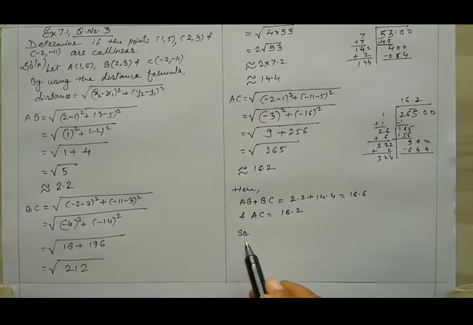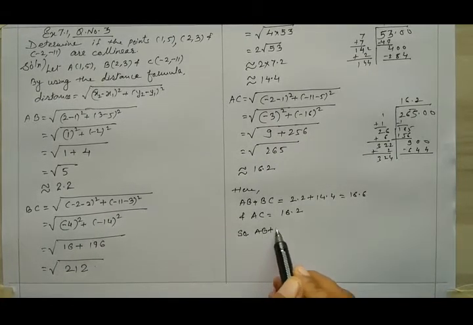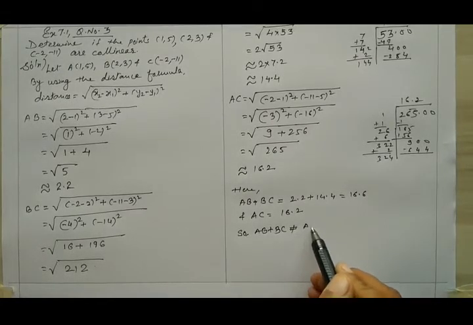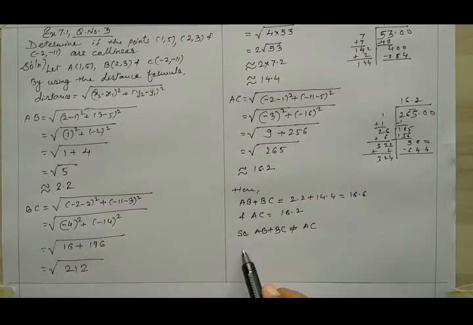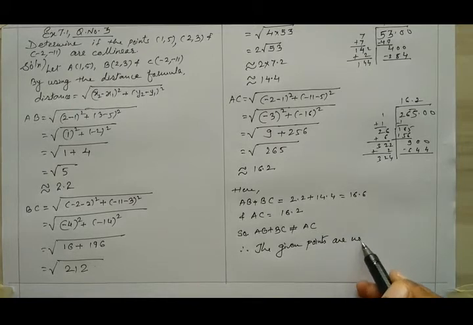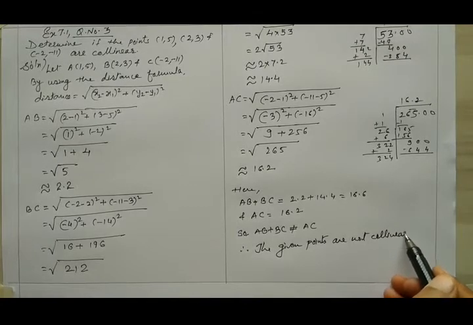So AB plus BC is not equal to AC, therefore A, B, C are not collinear. Therefore, the given points are not collinear, or you can write non-collinear. Hope you have understood this.